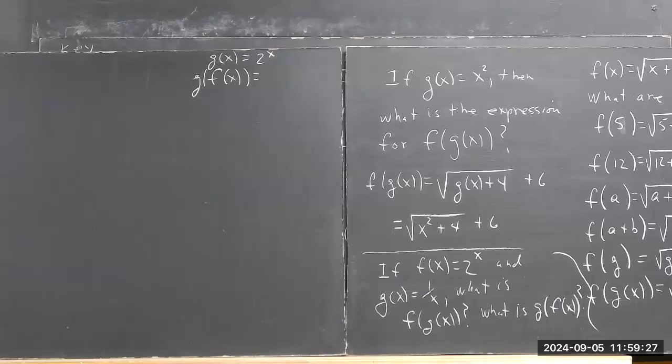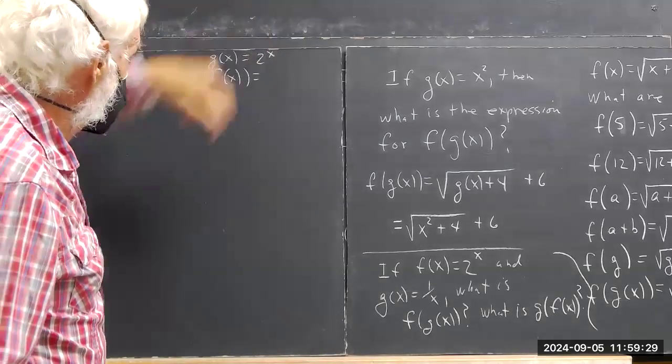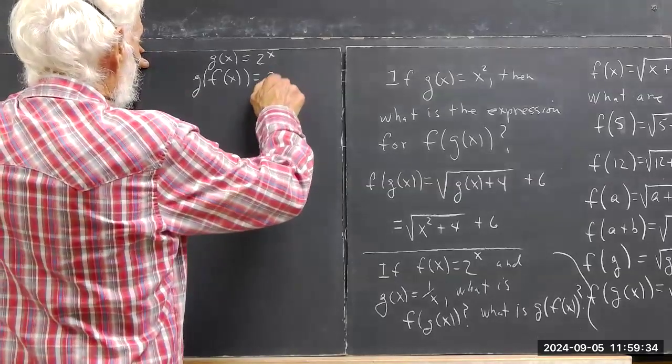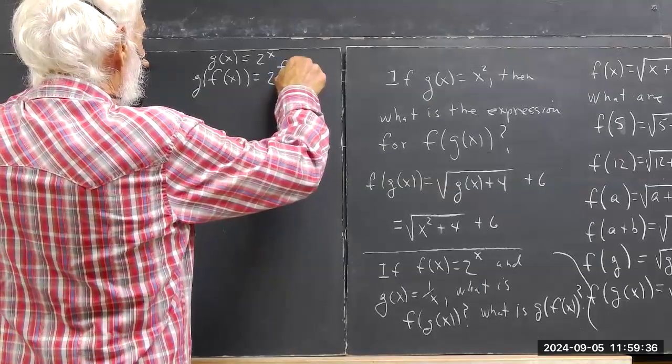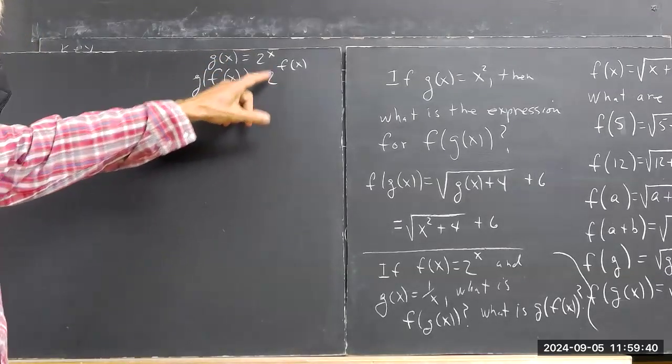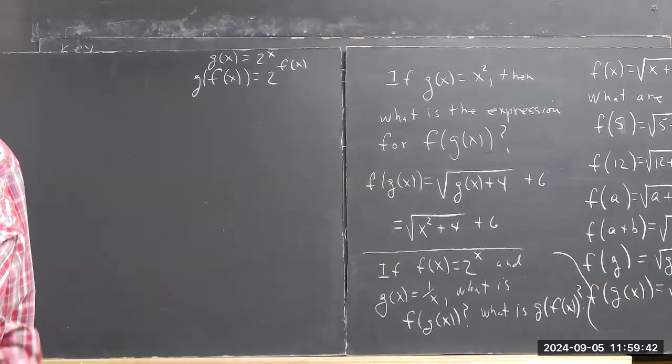Okay, well, excuse me, g of x equals 2 to the x. So g of f of x is going to be 2 raised to the f of x. Very simple. x has been replaced by f of x, so you replace x by f of x.